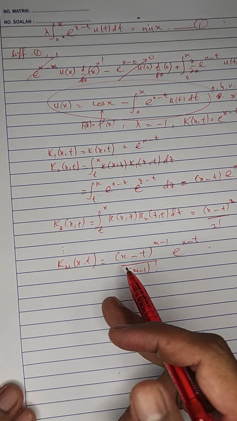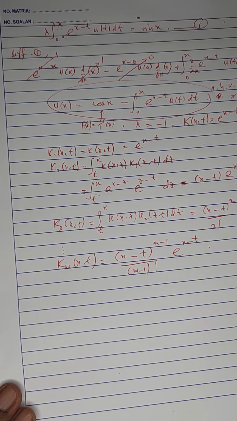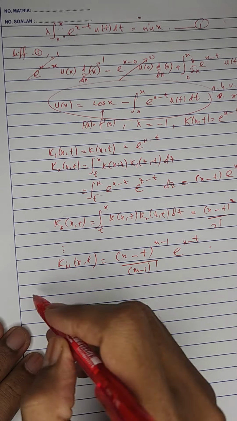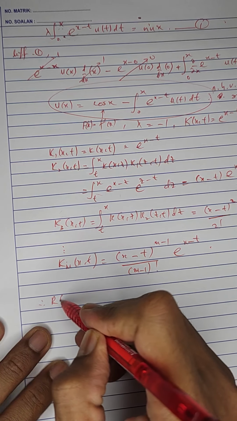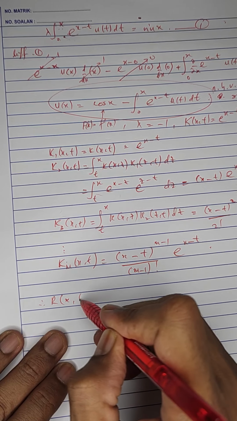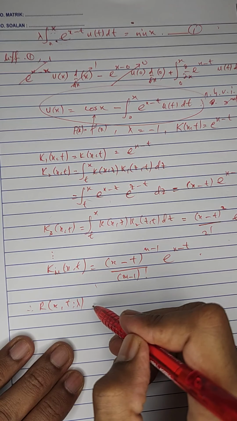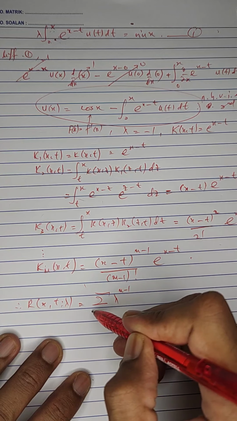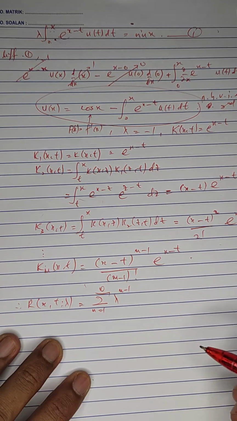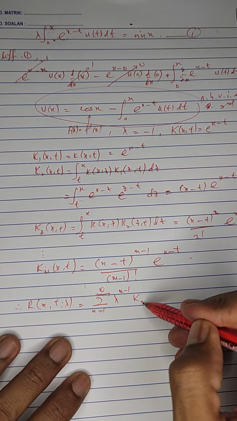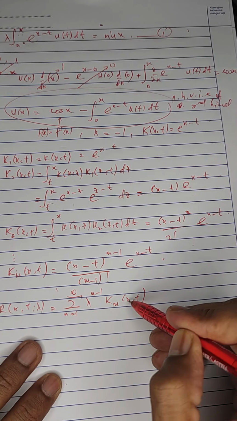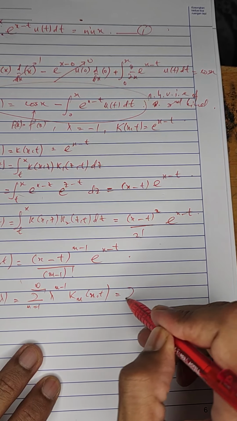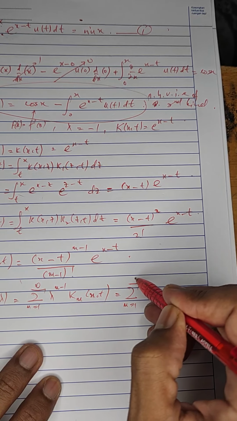Having obtained the m-th term of the iterated kernel, we can write the resolvent kernel. Therefore, the resolvent kernel R(x,t;lambda) is the summation of lambda^(m-1) Km(x,t), m from 1 to infinity.